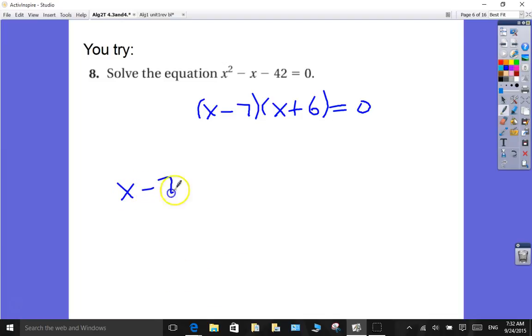X minus 7 equals 0, and x plus 6 equals 0. Or even right here, I can just say x equals 7, x equals negative 6. Done. Right. For a simple linear factor, which has got a 1 as a coefficient, you can see it immediately.